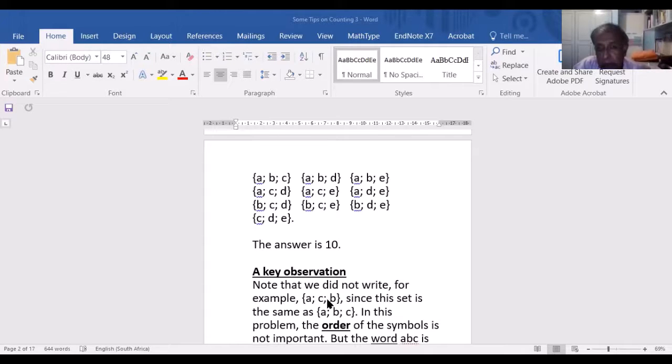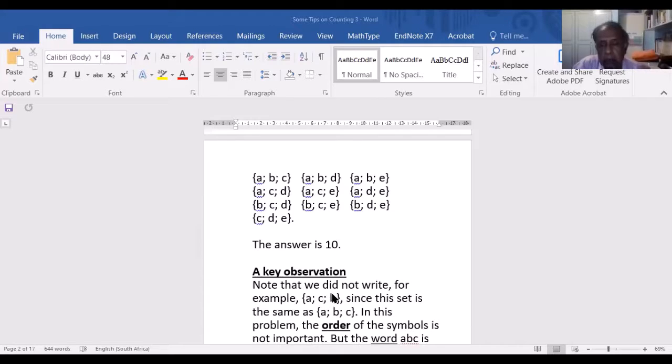Very important point. This is not like the previous problem where the order was important. There was an arrangement, right? The word ACB is different from the word ABC. So there, you counted that separately. But here, you don't count this separately. These two are the same subset.